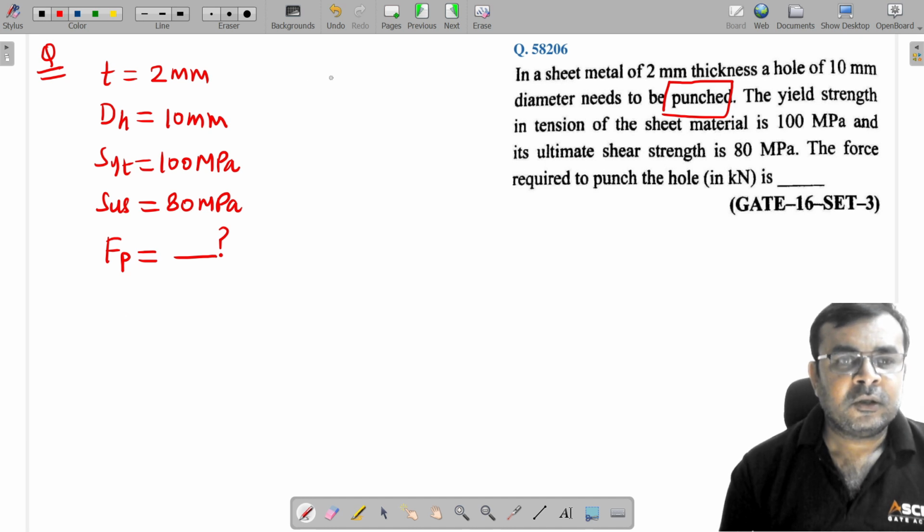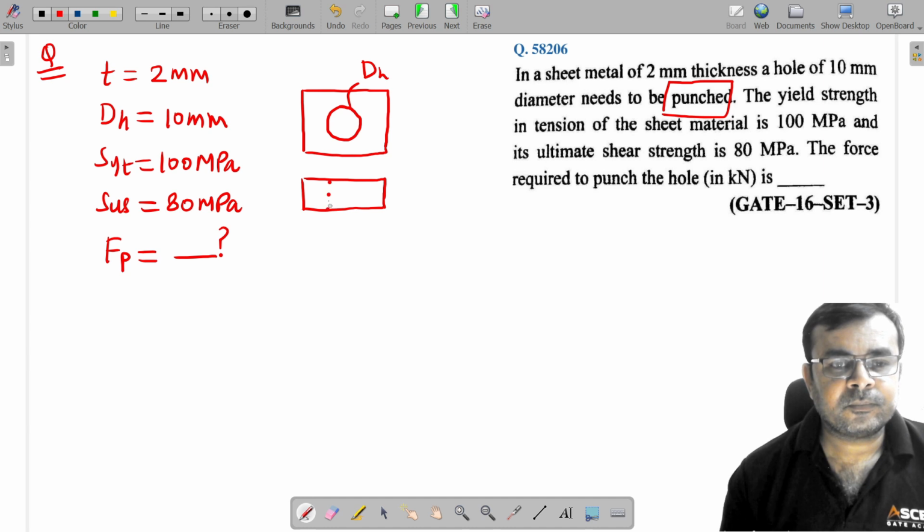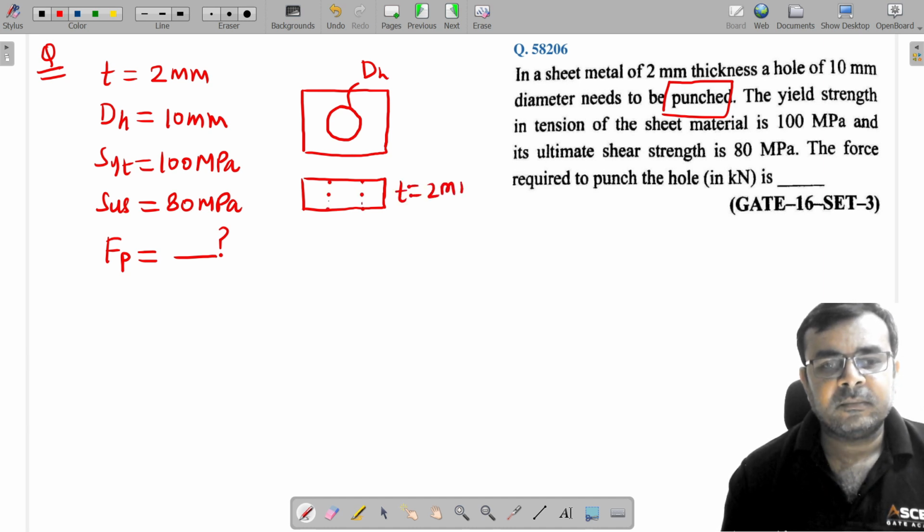Yes or no? If I draw the top view, we need to make a hole whose diameter is dh, and in cross-sectional view its thickness is 2 mm.